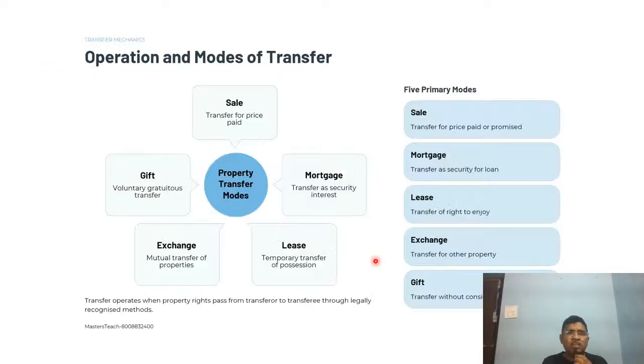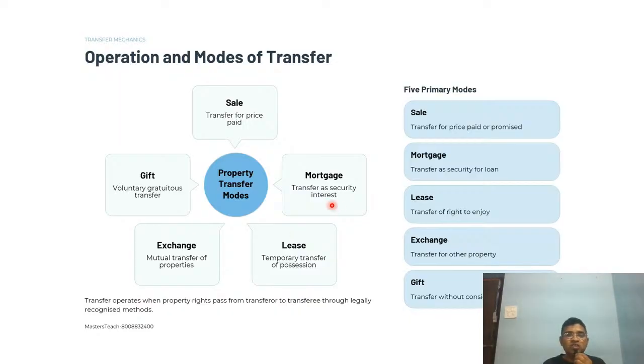Okay. Then operation by mode of transfer. So how the transfer can take place: through sale, so transfer for price; through gifts, so voluntary gratuitous transfer; then through exchange, so properties can be mutually exchanged; then lease, so temporary transfer for possession; mortgage, transfer as a security interest.